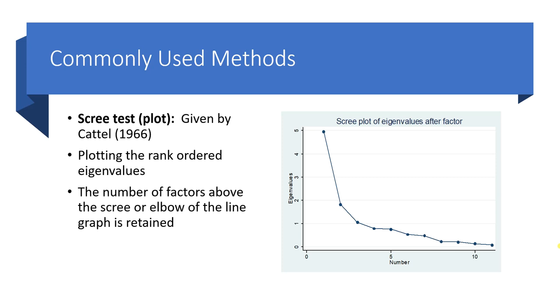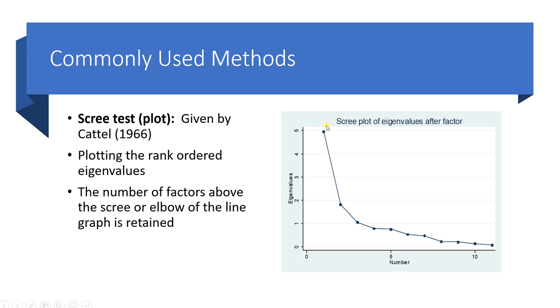First, I will begin with the scree plot. Though I have already discussed it, since this topic is exclusively devoted to determining the number of factors, all the commonly used methods should be discussed. This is my view. So one of the widely used methods for determining the number of factors is the scree test or scree plot. In this method, the eigenvalues are plotted against the number of factors.